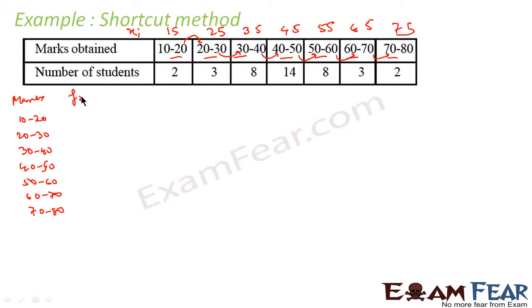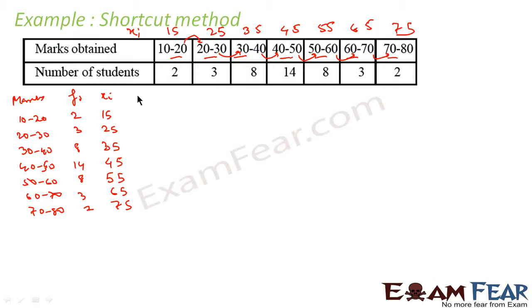Now let's have the frequency. The frequency is 2, 3, 8, 14, 8, 3 and 2. Now let me write the x's. The x's we have here are 15, 25, 35, 45, 55, 65 and 75.